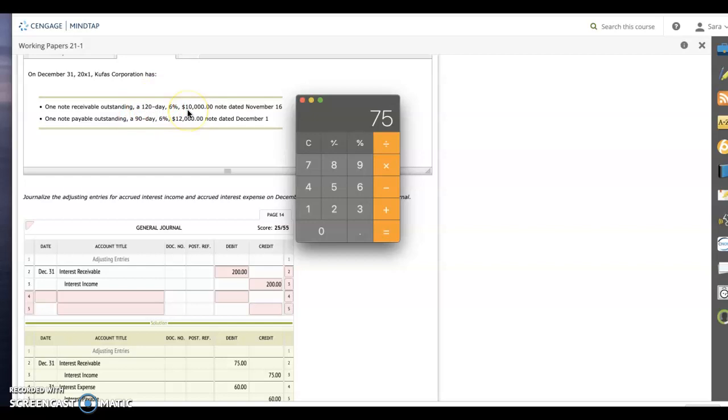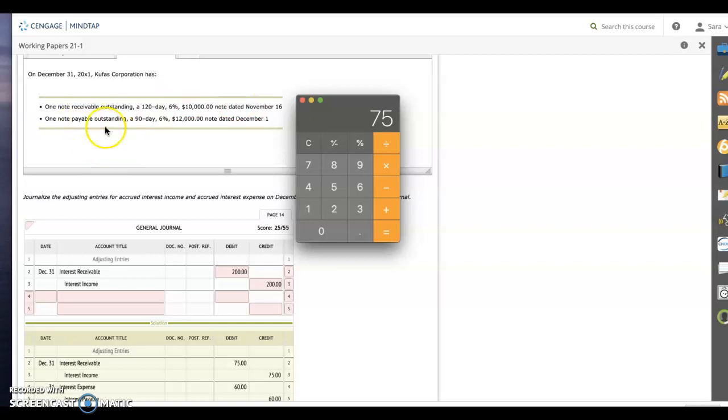So I'm going to take from November 16th to December 31st, which is 45 days, and divide that by the 360. So 45 divided by 360 gets 0.125. Then I will multiply that by the $600 we already calculated. And so then I get $75.